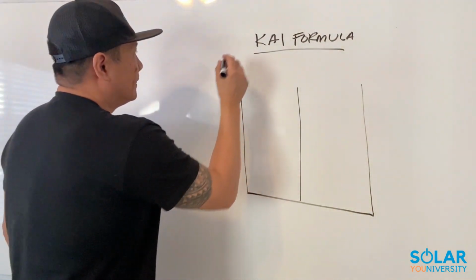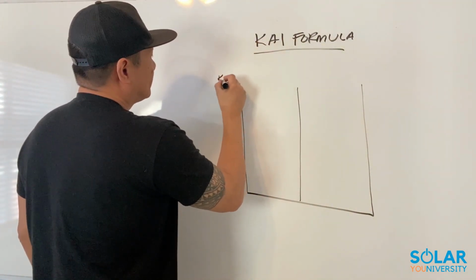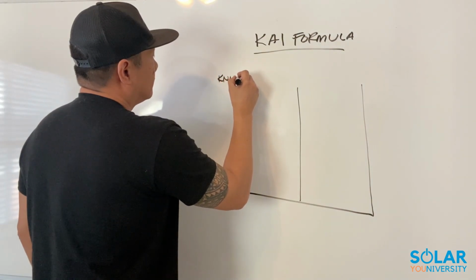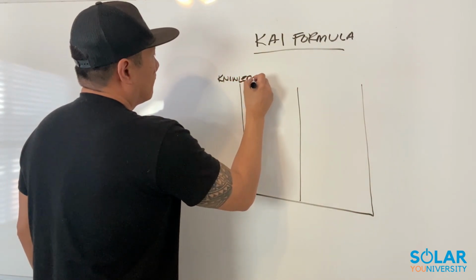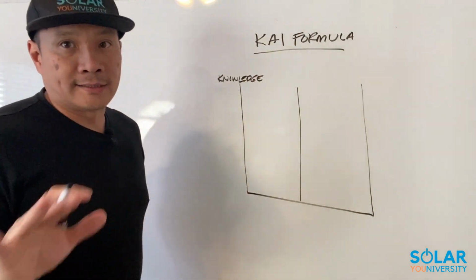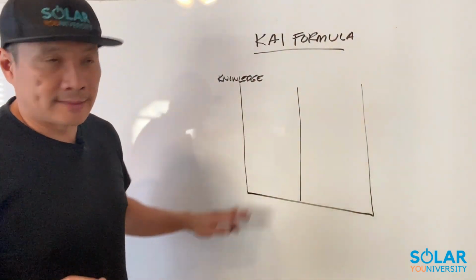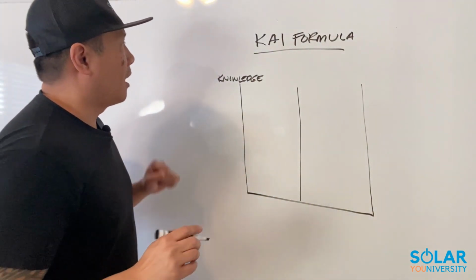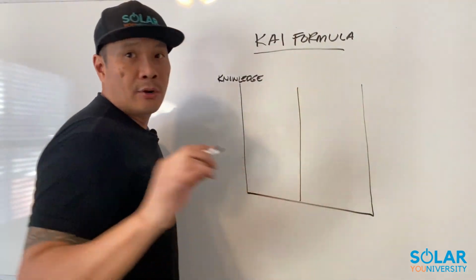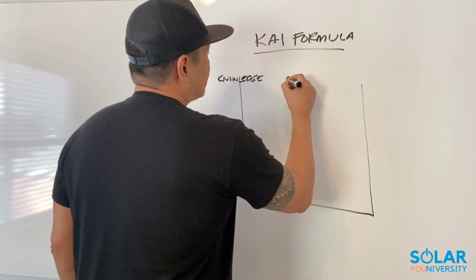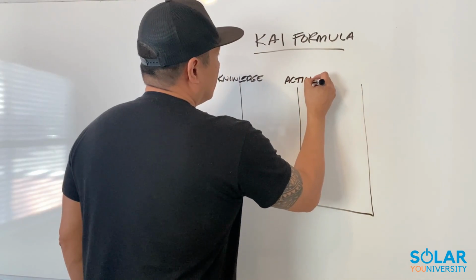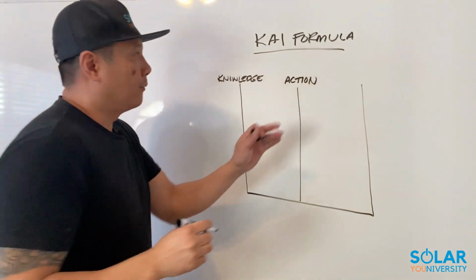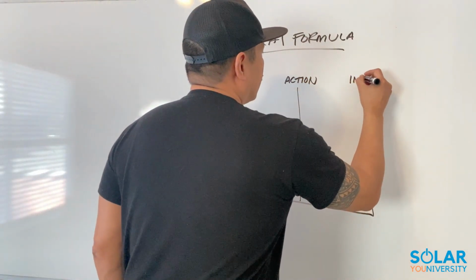So the K represents knowledge. Write the stuff down, okay? Hopefully you guys can see it. K represents knowledge. A represents action. And I represents income.